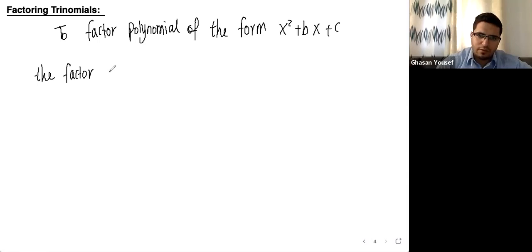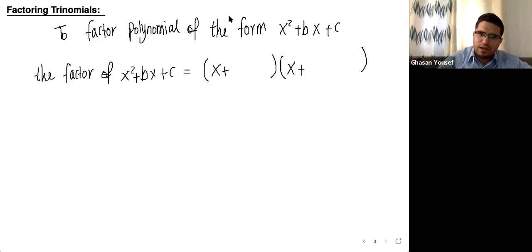The factor of the polynomial of the form x squared plus bx plus c is, we have to open two parentheses. The first parenthesis is x plus s, and here we have x plus r, such that if we multiply s times r, it should give me c.